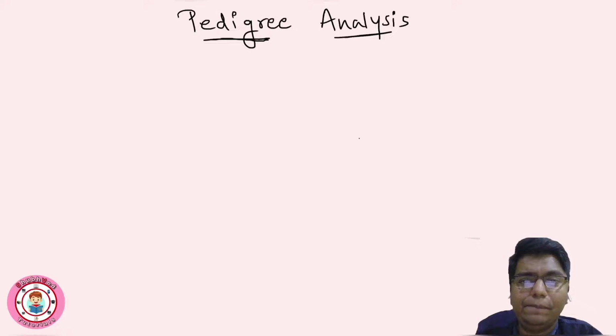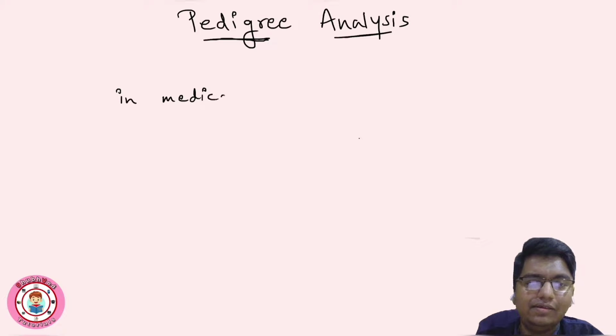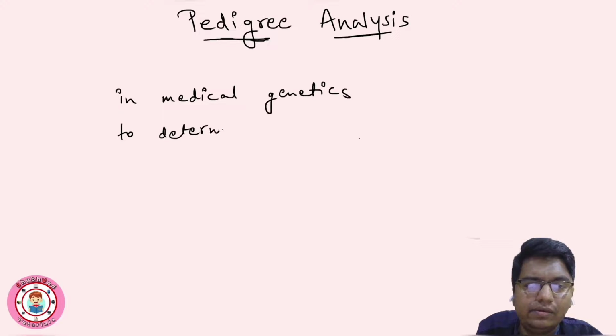First of all, pedigree analysis is done in medical genetics, or human genetics, to determine genetic diseases.